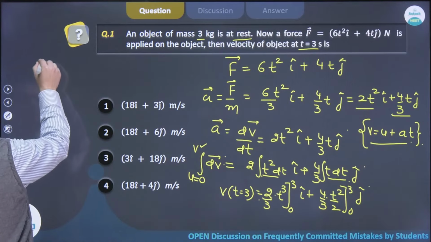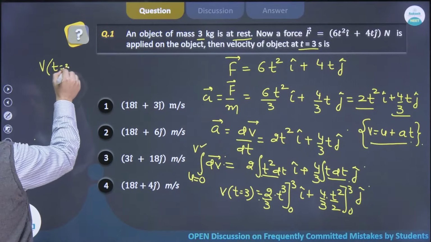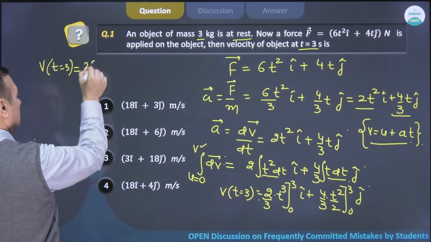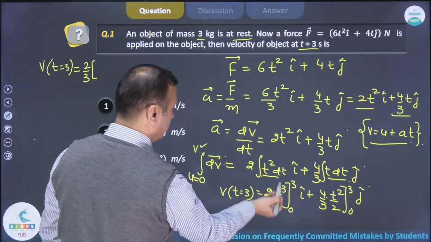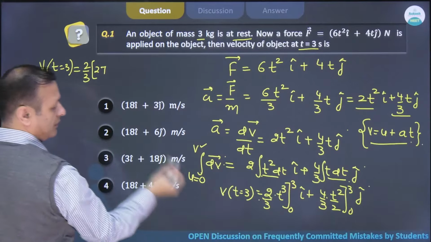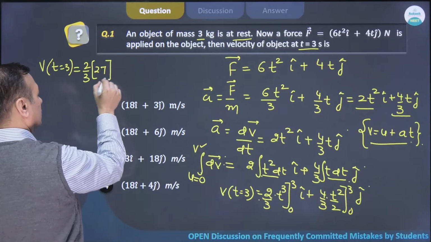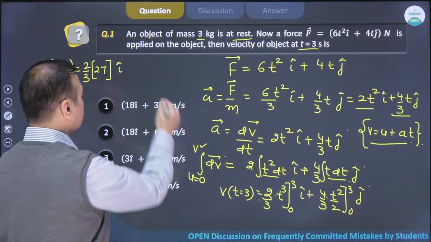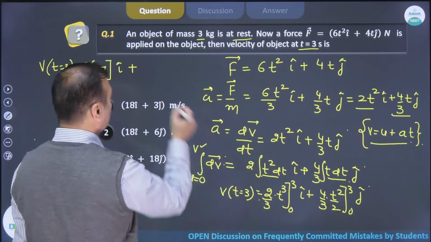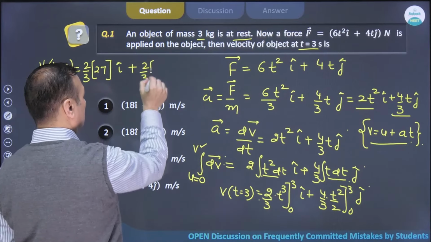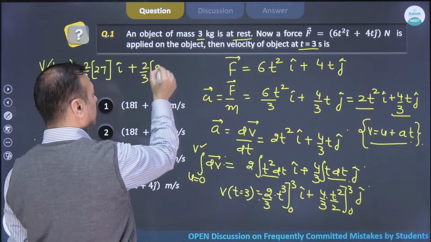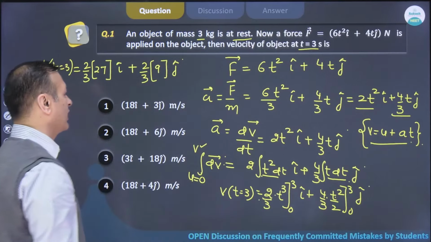So the expression for v at time 3 seconds is 2 by 3, a constant, and when you put the limit, this becomes 3 cube, and 3 cube is 27. The lower limit is 0, so this is 27 only, i cap, plus 4 and 2 cancel out, giving 2 by 3, and we put the limit for t square, so that becomes 3 square minus 0, which is 9, j cap.